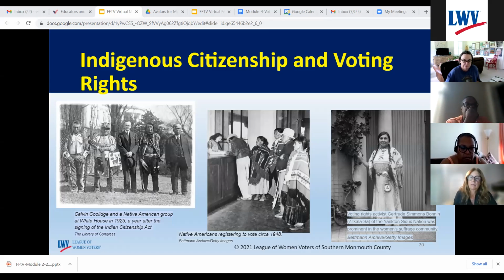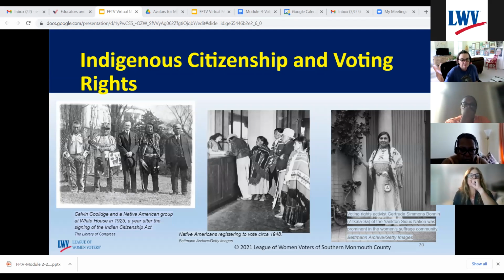Voting rights activist Gertrude Simmons Bonnin, who was Zitkala-Sa of the Yankton Sioux Nation, was prominent in the women's suffrage movement. She and other nationally known Native suffragists didn't necessarily want to only have US citizenship. They also wanted to have recognition of their citizenship in their tribal nations and their treaty rights, particularly to land.